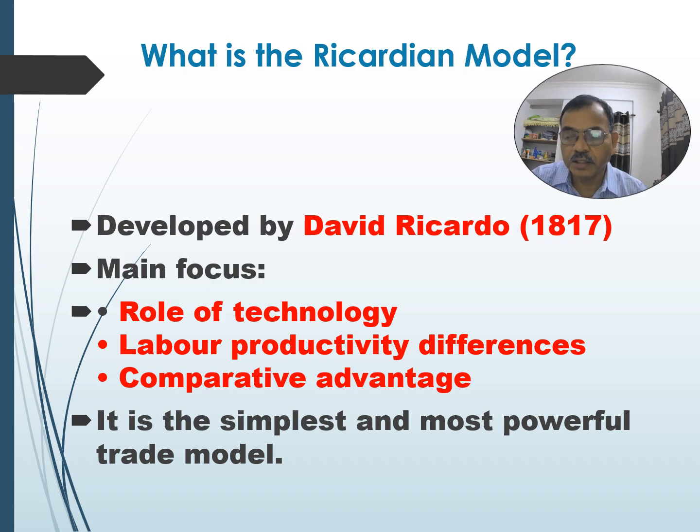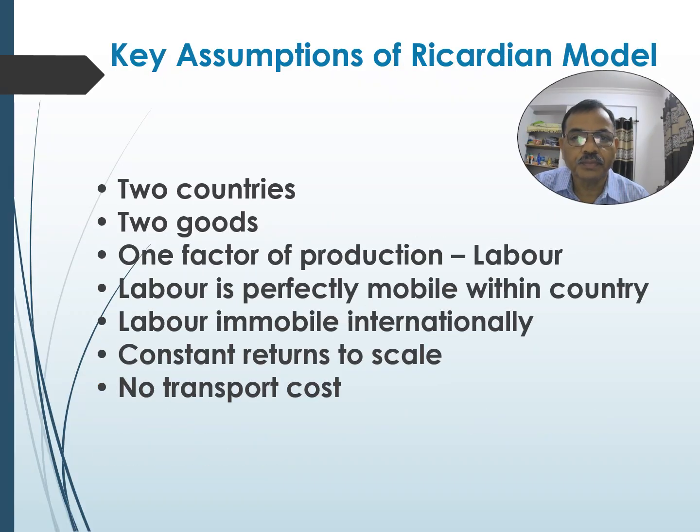To simplify analysis, the model makes several assumptions. The Ricardian model is based on several simplifying assumptions. There are two countries and two goods. Labor is perfectly mobile within each country, but cannot move internationally.